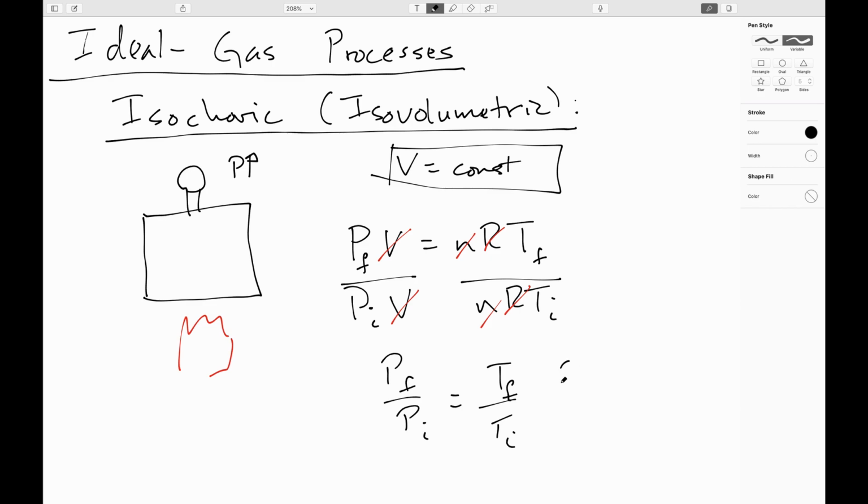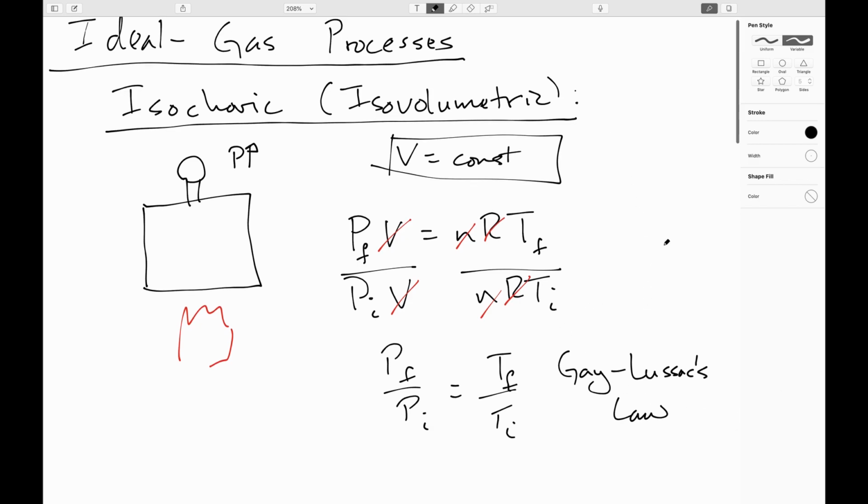And you may have seen this before. This is also known as Gay-Lussac's law. So historically, Gay-Lussac's law was one of the inputs into the ideal gas law, but here, since we've derived the ideal gas law from F equals ma, I'm just going through and recovering the processes.